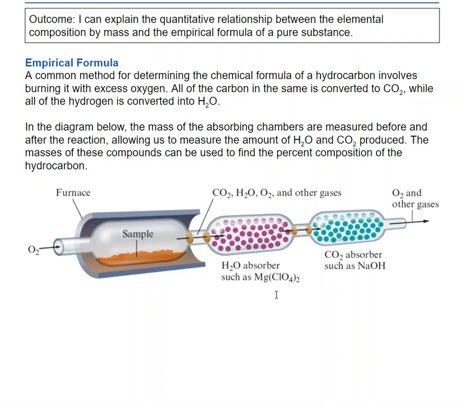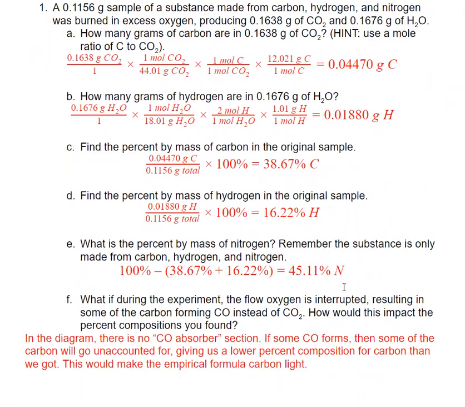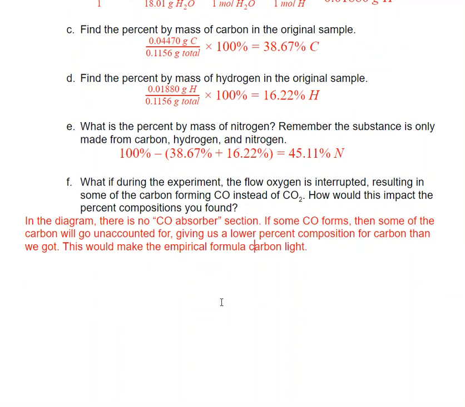I can only absorb water and carbon dioxide. So what that means is that if I form some CO, some of that carbon is going to escape and go unaccounted for. And this is going to give us a lower percent composition for carbon than what we got. So this would make our empirical formula carbon light.